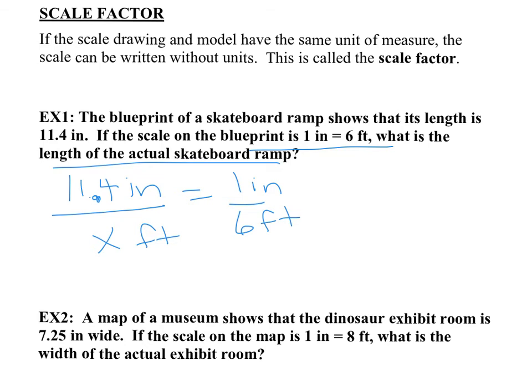So in this case, I know I'm going to multiply 1 times x, which is 1x. Then I'm going to multiply 11.4 times 6. And once I multiply the 11.4 times 6, I end up with an answer of 68.4 feet.